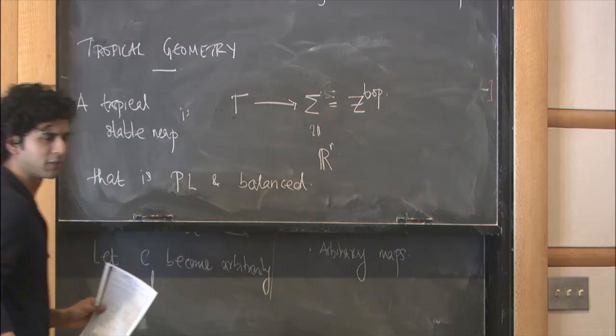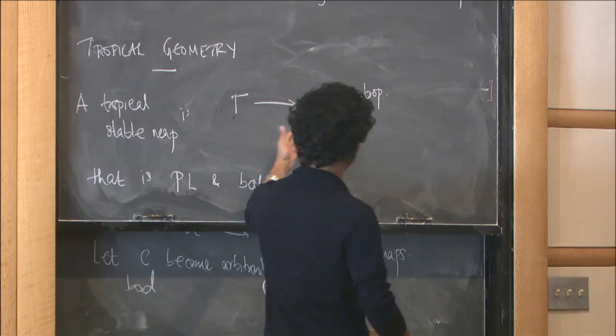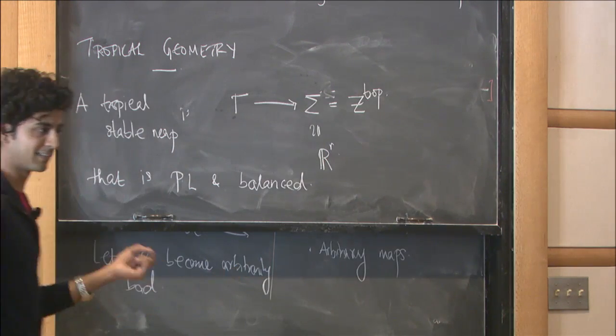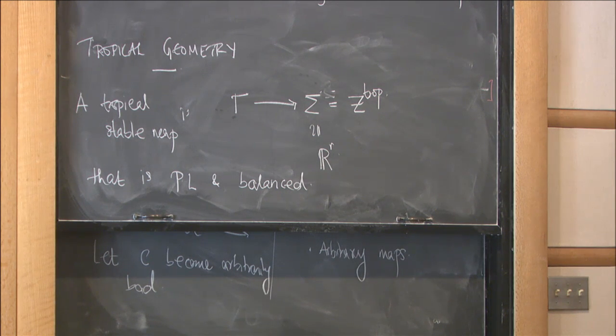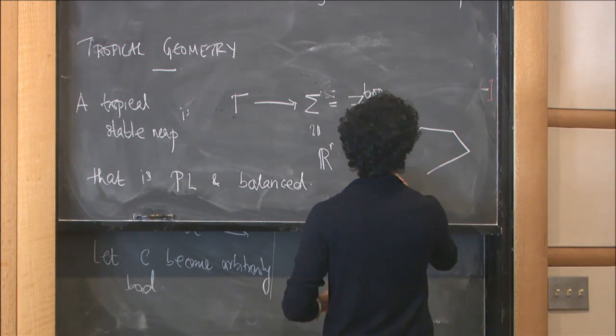So balanced is a zero tension condition. It just means that, so I have a piecewise linear map from a graph into R^n. At every point, I can calculate directional derivatives, and I want the sum of the directional derivatives in all directions to sum to 0. It's just a zero tension condition. Right, so a picture to keep in mind is something like this.